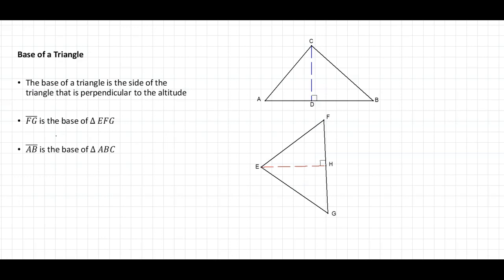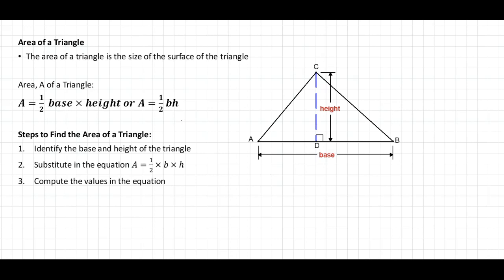Now the base of the triangle is the side of the triangle that is perpendicular to the height. So the base of the triangle is that part of the triangle that the height forms 90 degrees with. So you can see here that AB is going to be your base in this case. And then in this case, FG or GF is going to be your base.